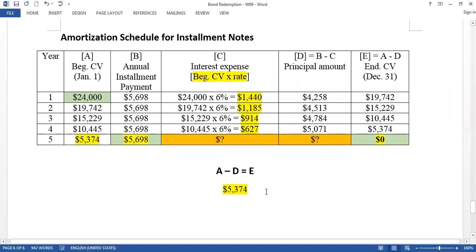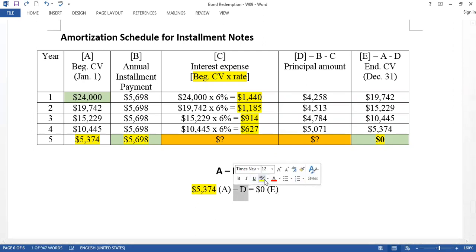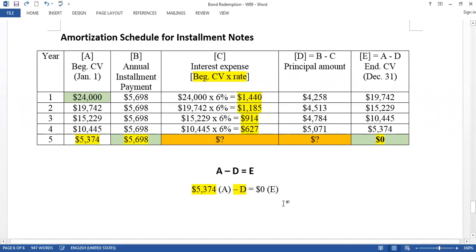So A minus D equal E. We know the amount of E is 0, right? So we know A and we know E. We know this information, but we don't know this one.